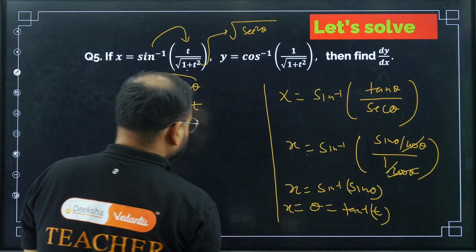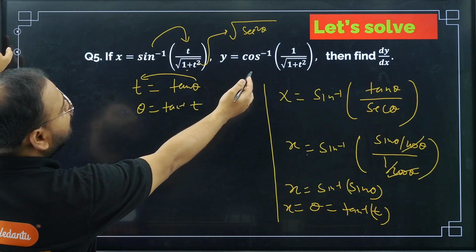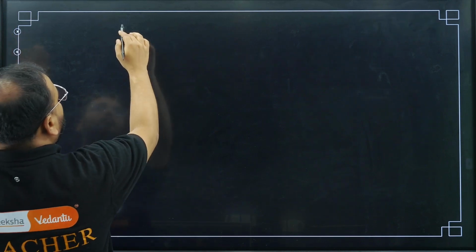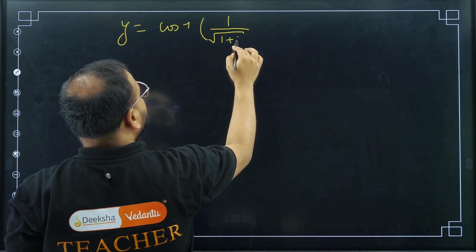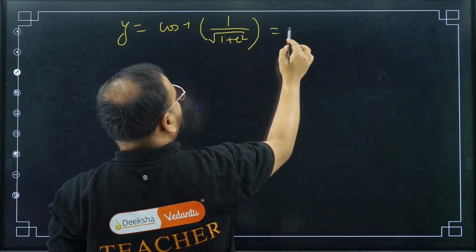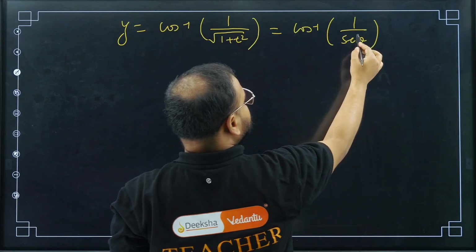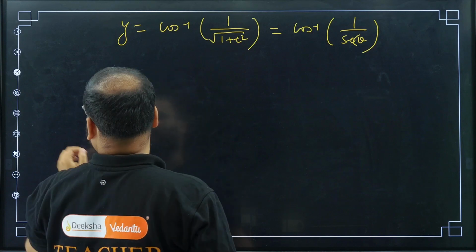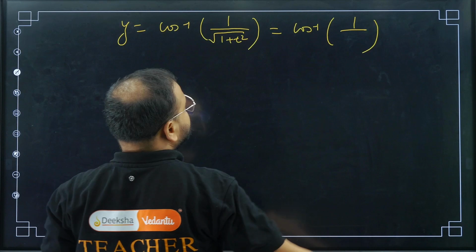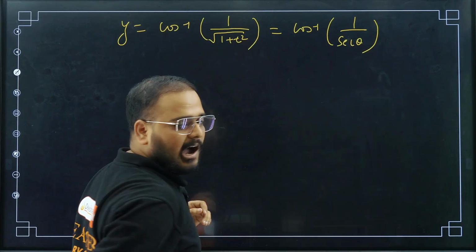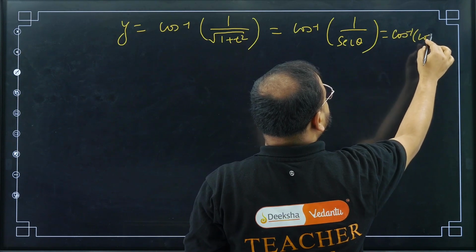Now what about my y? I'll do for y in this slide. Y equals to cos inverse of 1 upon root of 1 plus t square. After substitution this will become cos inverse of 1 upon sec theta. Okay, let me simplify it. 1 by sec is cos theta, so they will become simply cos inverse of cos theta.